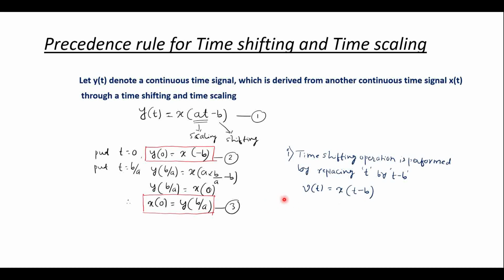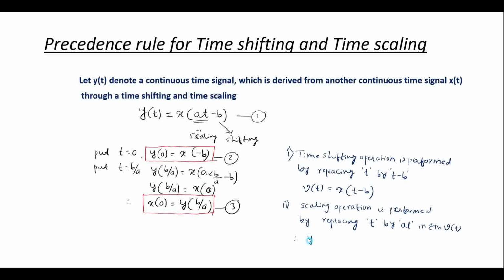The second operation, that is scaling operation, is performed by replacing t by at in the equation of v of t.